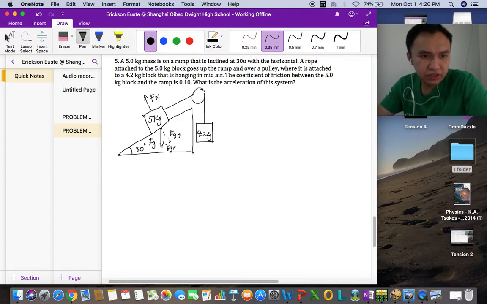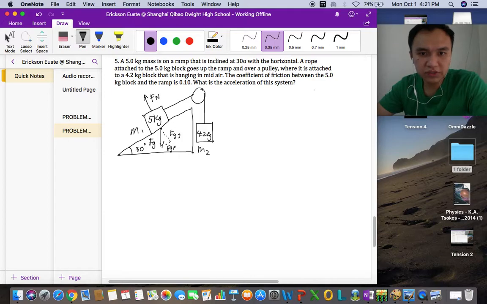So first, we need to determine whether it's going on a clockwise direction or counterclockwise direction. Let's observe first the weight here, the gravitational force on 2 and the gravitational force on the mass 1. So this is mass 1 and this is mass 2.